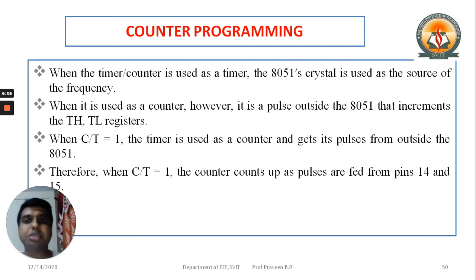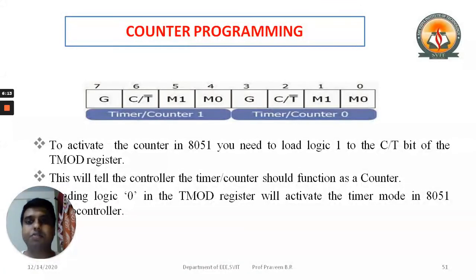In the case of timers we use the internal clock pulse, and in the case of counters we use the external clock pulse. So to activate the counter we need to load 1 in the place of C/T bar in the TMOD register, which will ask the controller to function as a counter.